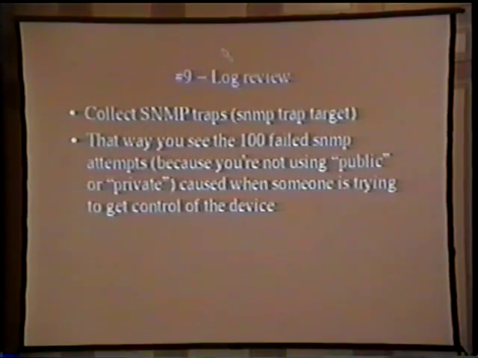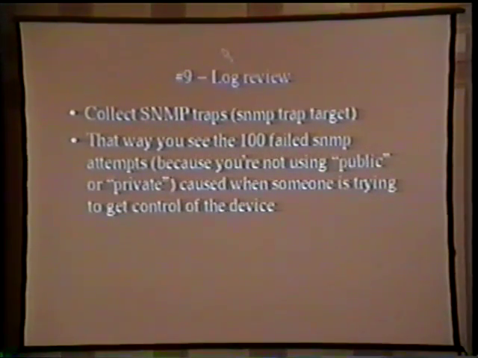So number 9 would be log review. It would seem to me that you would want to know who's doing what to your router or switch, and so you would want to collect the SNMP traps that you can set up on different events. That way you would find out when somebody is doing failed authentication.